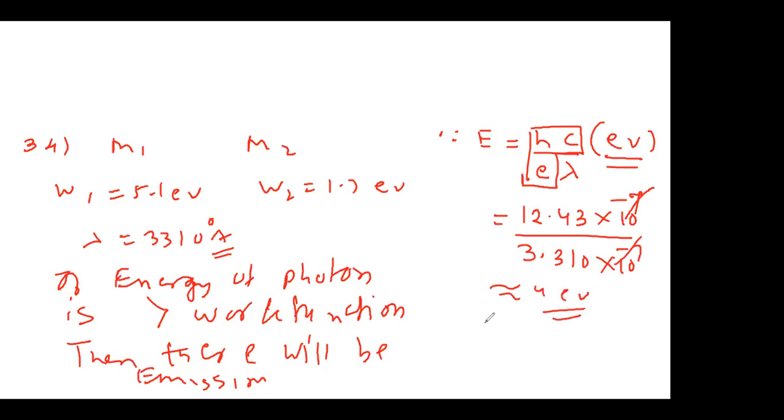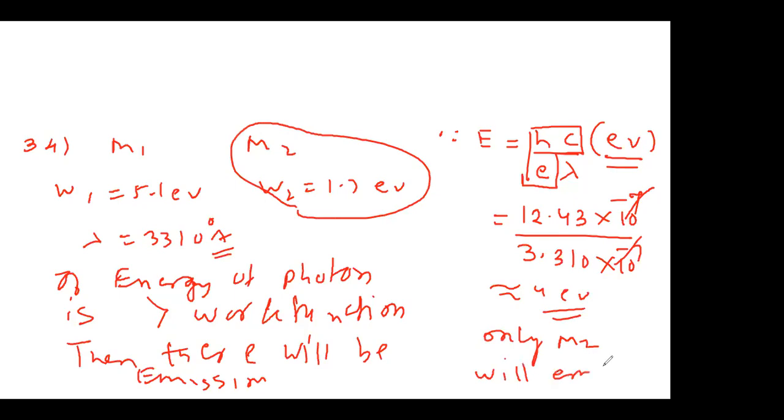Now clearly you can see 4 electron volt is greater than only this one. So only M2 will emit photoelectron.